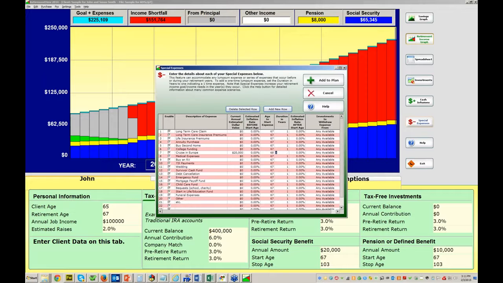So they've got plenty of time to plan it, get all their stuff together. So all I do is set duration to 1, because it's a one-time lump sum. And we can put inflation on there if we think inflation is bumping up the cost a little bit. And we're going to pay for it out of any available investments that they have. So add that into the plan.